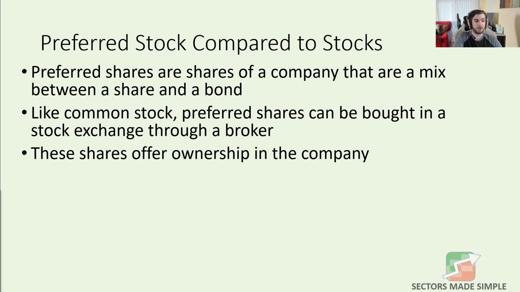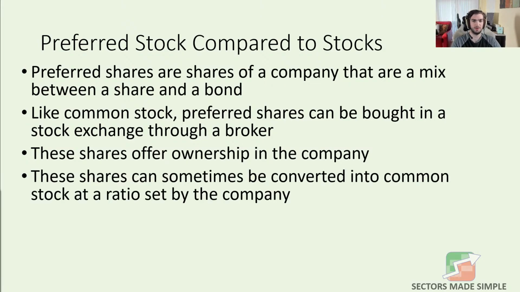Now, these shares are pretty similar to common stock, to the stocks you already know of. They give you ownership. If you own a preferred share of a bank, or let's say Bank of America, congrats, you now own part of Bank of America. And another cool thing about preferred shares is that they can be converted.